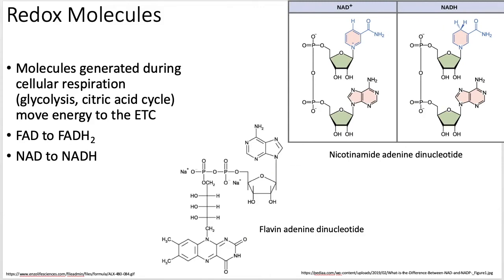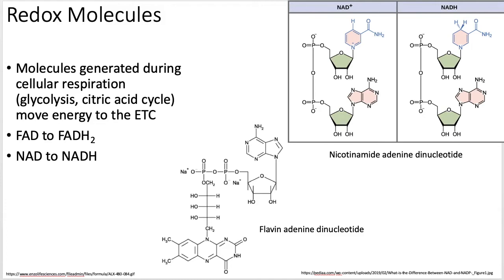But some of the molecules that we get out of the citric acid cycle and glycolysis, we can use to put hydrogens on the other side of the electron transport chain and create that gradient. And those are also nucleic acids. We call these redox molecules often because we're reducing and oxidizing. In this case, reduction is the gain of electrons, right?